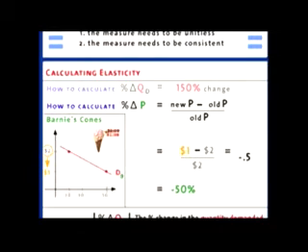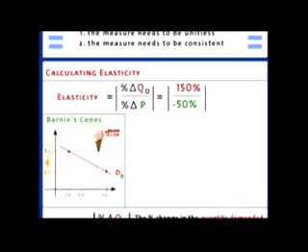That gives us negative 3 for our fraction. Now apply the absolute value bars, and you get the elasticity of demand calculated for Barney's ice cream as we move from point A to point B is 3. That is, for a 1% change in the price of ice cream, we're getting a 3% change in the quantity demanded.